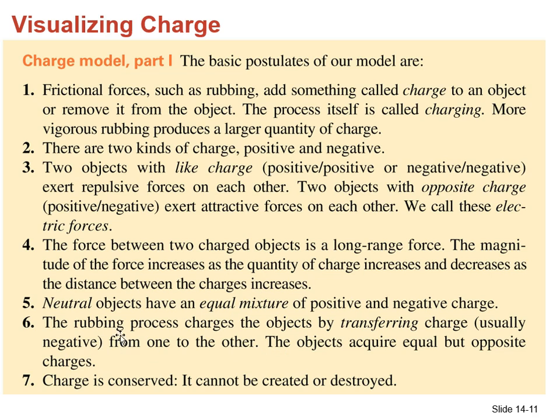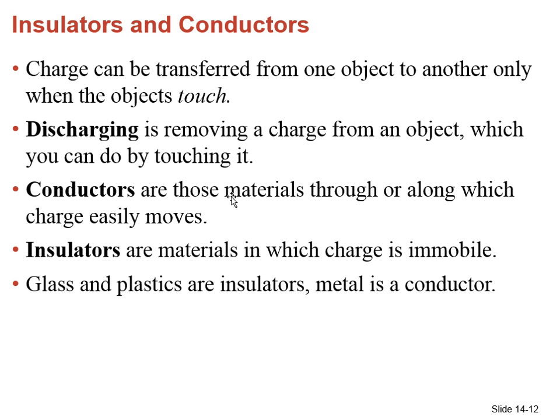Whenever you execute the rubbing process, that's going to be transferring charge, negative charges pretty much every time. And charge is conserved. It cannot be created or destroyed. That's a huge one right there. Conservation law is kind of sneaking in there at the end, but that is a very, very important principle.